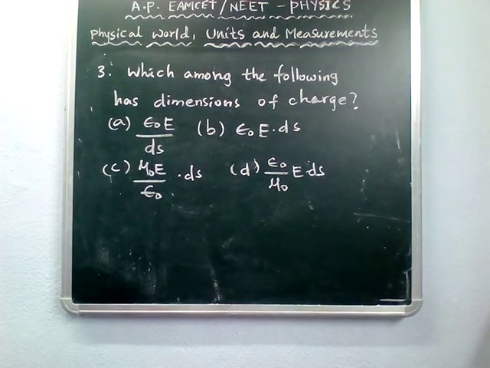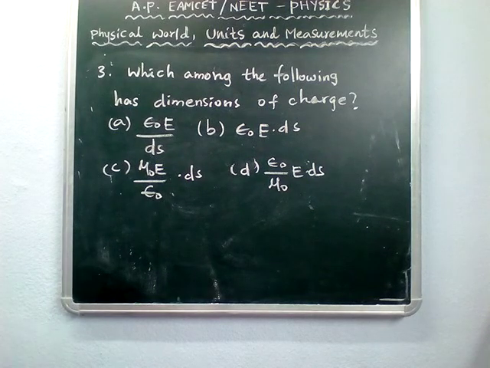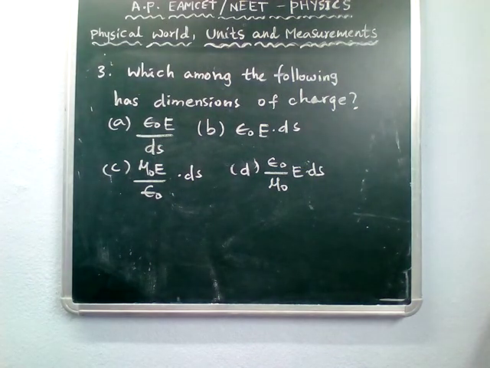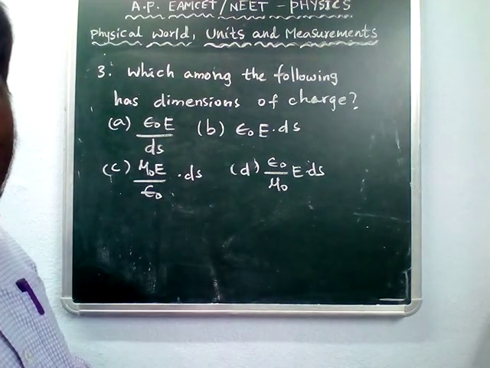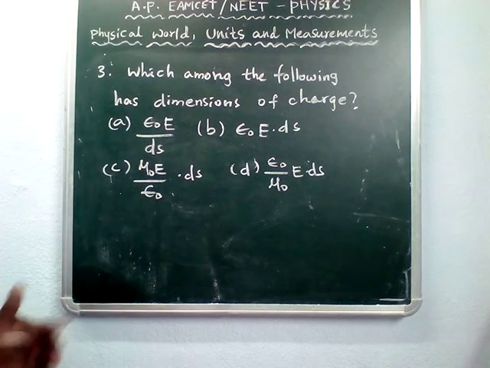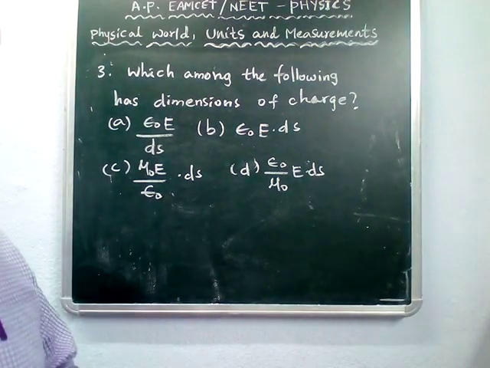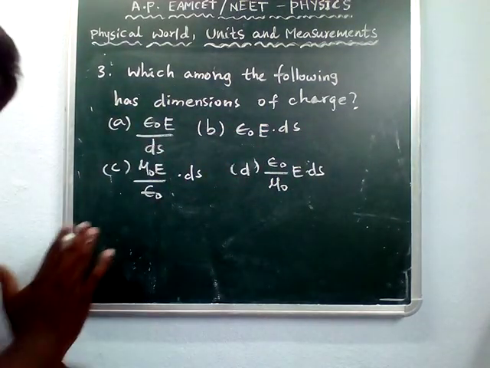Which among the following has a dimension of charge? Very simple. Here E is the electric field, ds is the area vector, epsilon naught is the permittivity of free space, and mu naught is the permeability of free space.